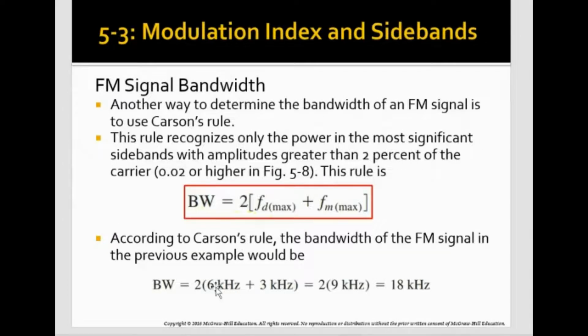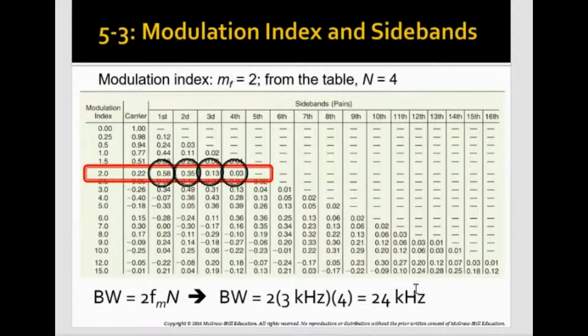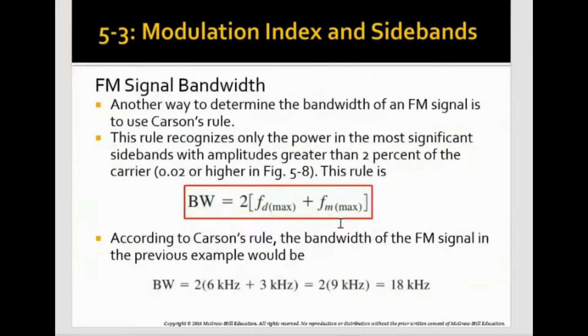So 6 plus 3 is 9, times 2 is 18 kilohertz. 18 kilohertz, of course, is less than 24 kilohertz. If we only took 3 sidebands, then N was 3, times 3 is 9, times 2 is 18, similar to this.